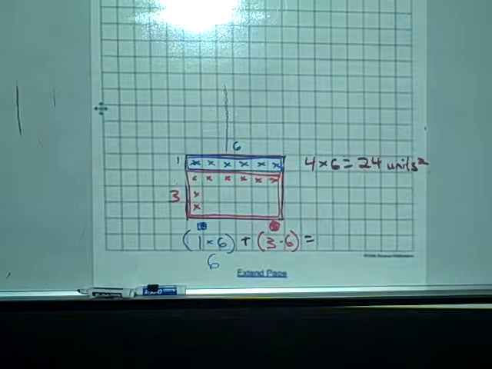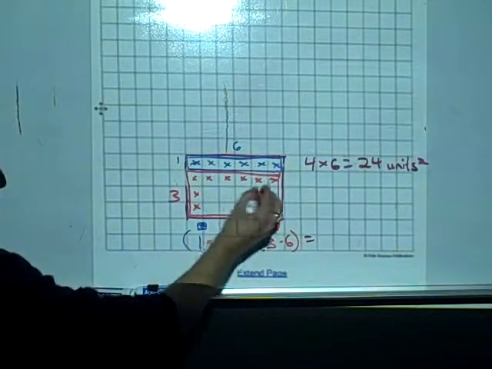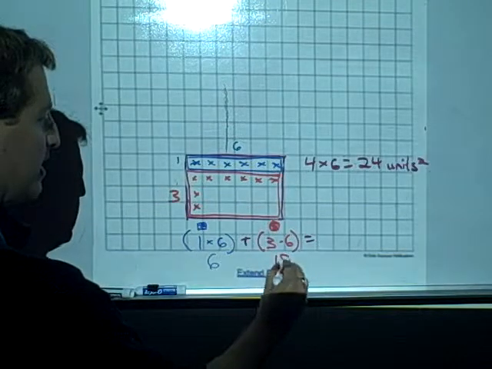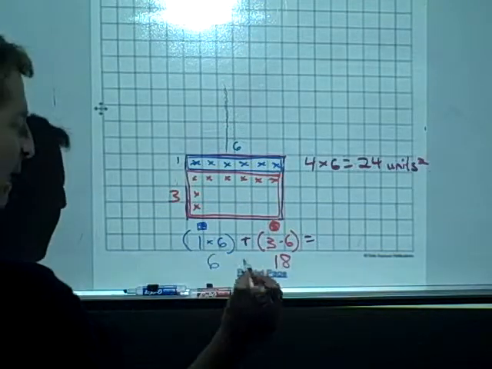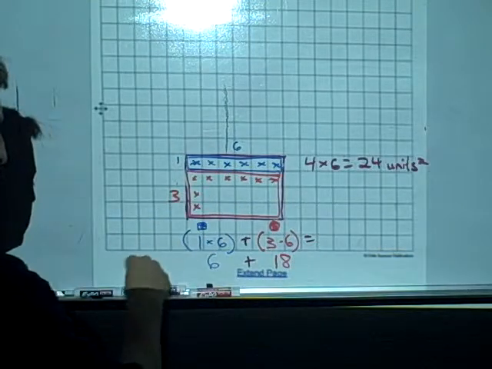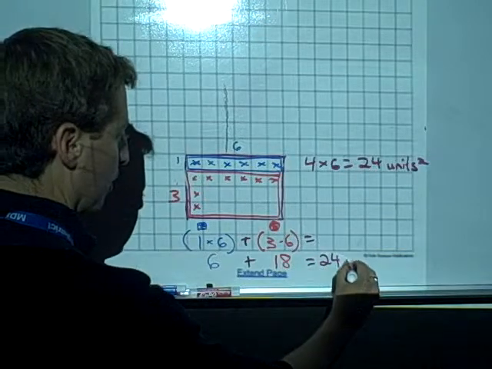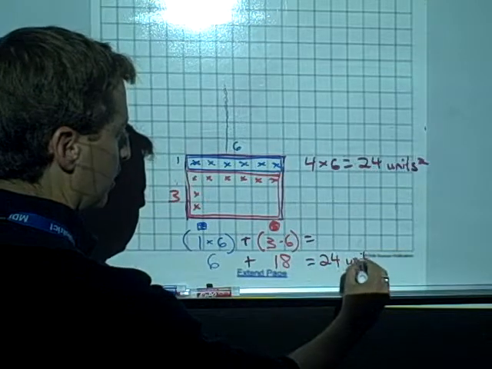What is 3 times 6? The area of the red rectangle is 18. Let's add the 6 and the 18 up together, and we should get 24 square units.